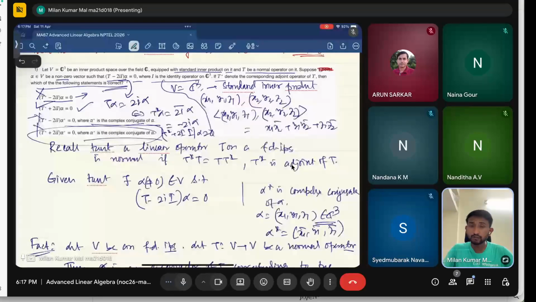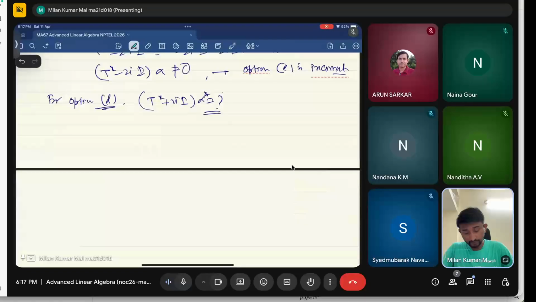How to give a counter example here? If I consider the operator, or matrix basically, T equals the matrix with 2i, 0, 0 in the first row, 0, minus 2i, 0 in the second row, and 0, 0, 0 in the third row.